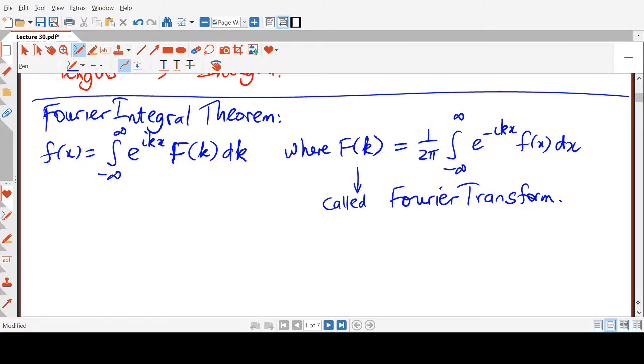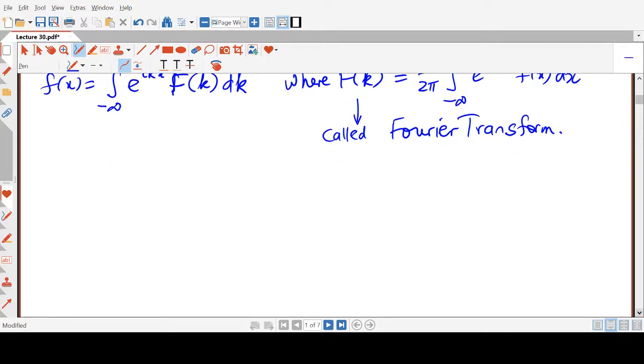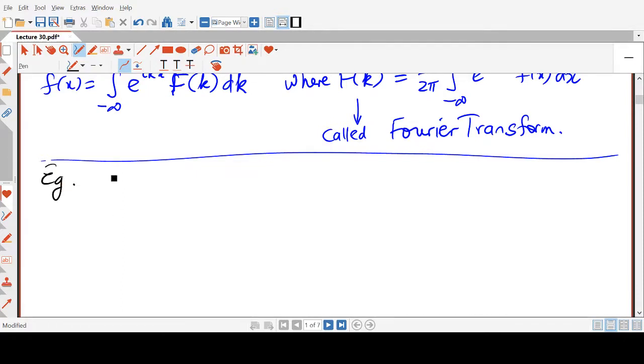So let's take a very simple example. Expand f of x equals 8 when x is between 0 and 1, and elsewhere it is 0.